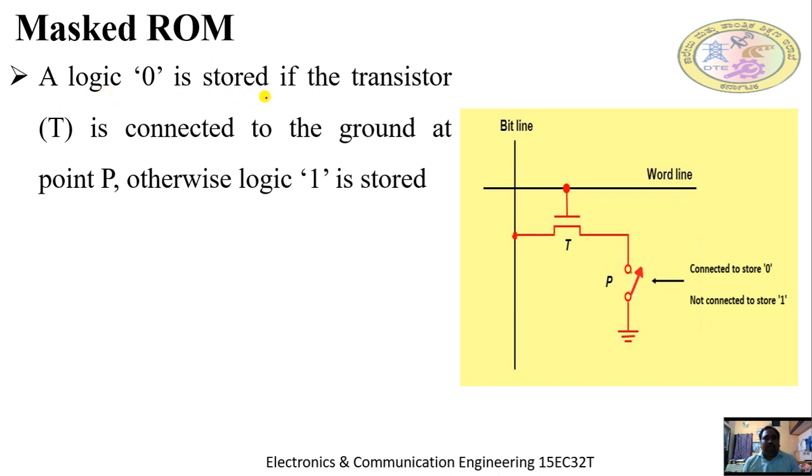Logic 0 is stored if the transistor T is connected to the ground at point P, otherwise logic 1 is stored. So if the switch is connected to this point, it will store a logic 0. If it is not connected, or left open, it will store 1.